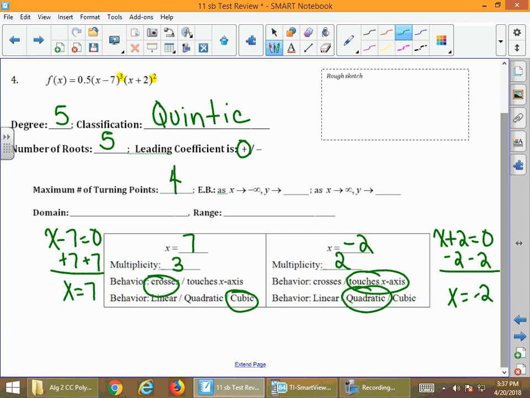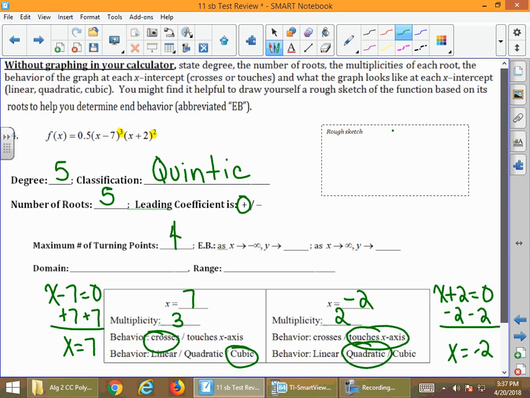And then we ask ourselves, well, is that linear, is it quadratic, is it cubic? Quadratic. So now, when we come back and look at the picture, and this is going to be a very, very rough sketch, we know that 7 is somewhere off here to the right, and then negative 2 is off here to the left. When we draw this, because 7 has a multiplicity of 3, and it's cubic, we draw it as something kind of squiggly.